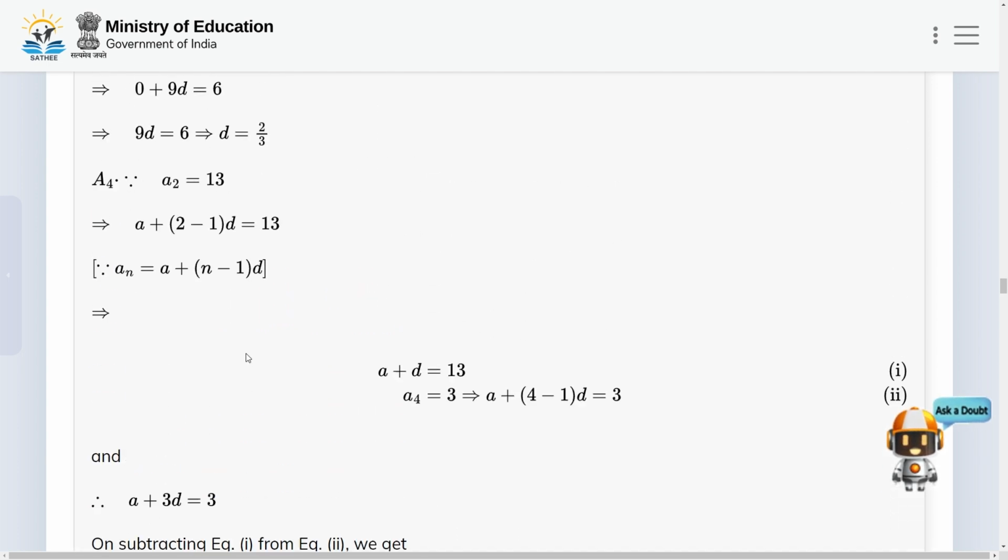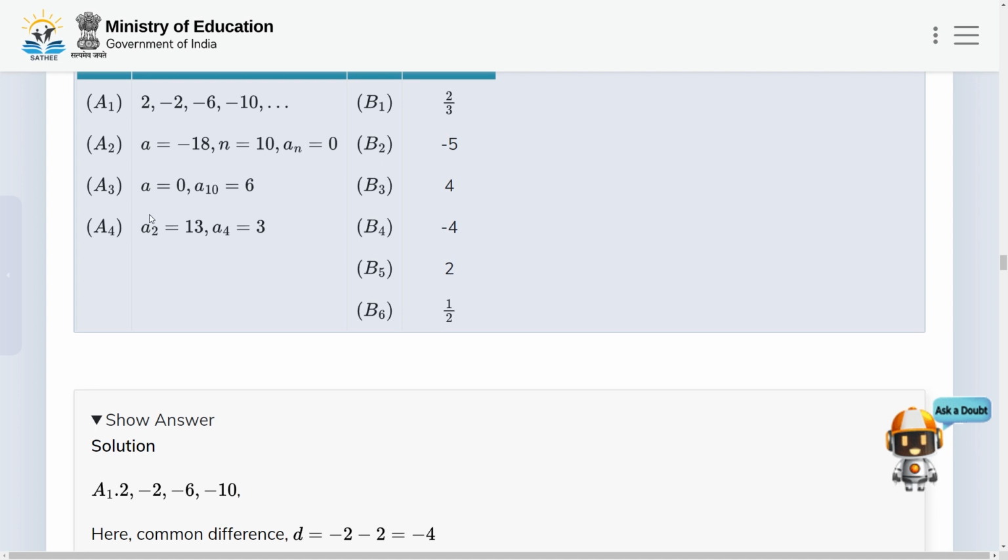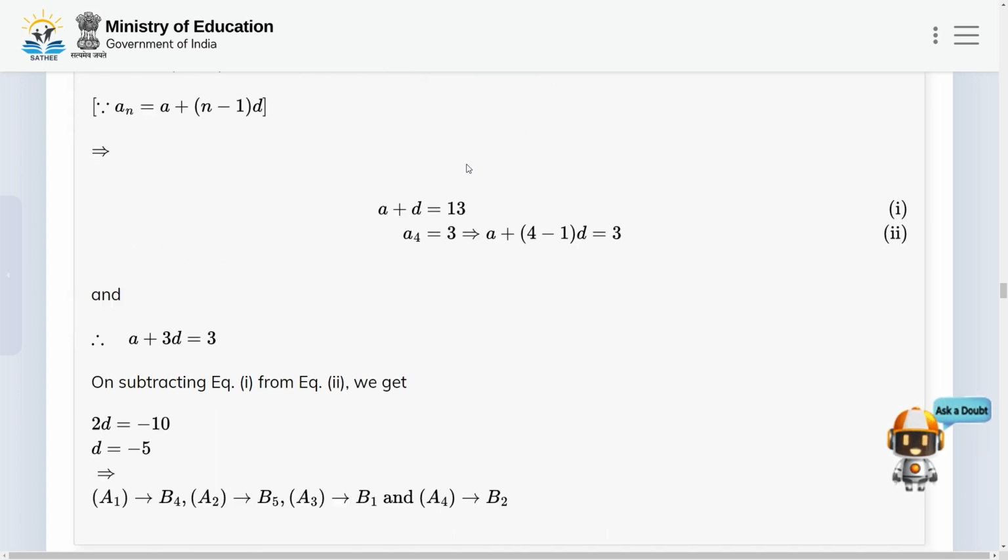So d is equal to minus 5. So for A4, it is related to B2, minus 5. So the common difference of the given AP whose second term and fourth term are given is minus 5. Now let us move to the next question.